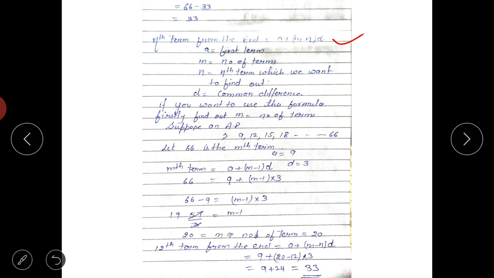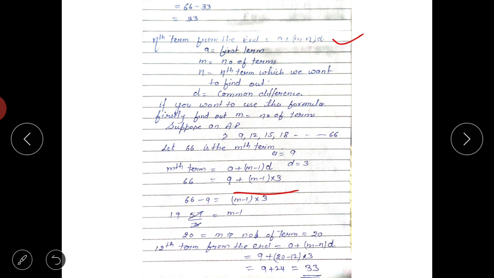If you want to use this formula, firstly find the number of terms m. Suppose an AP 9, 12, 15, 18 up to 66. Let 66 be the mth term. So the mth term is a plus m minus 1 into d, where a is 9 and d is 3. So 66 is equal to 9 plus m minus 1 into 3.